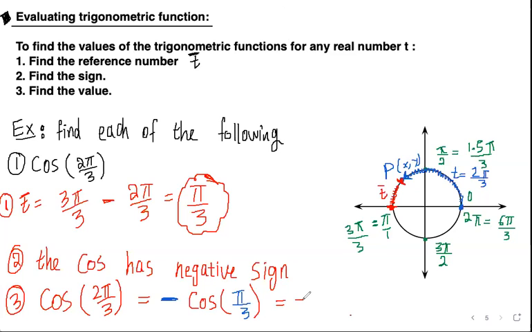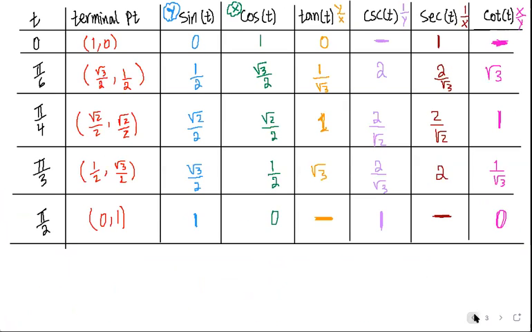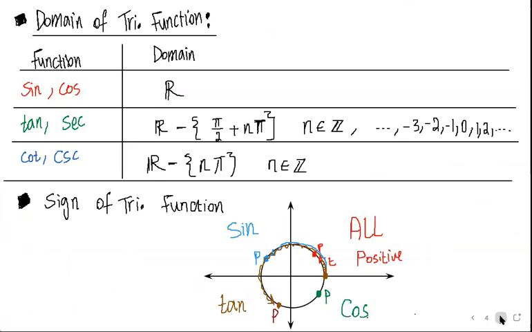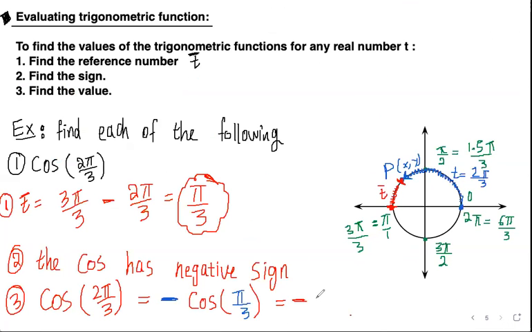That is equal to minus, what is the cosine of pi over 3 from the table? Cosine of pi over 3, here, this pi over 3. The cosine is 1/2. So the answer is minus 1/2.